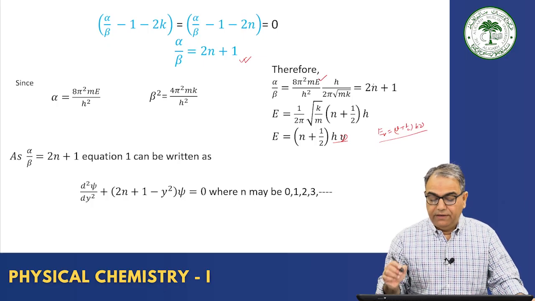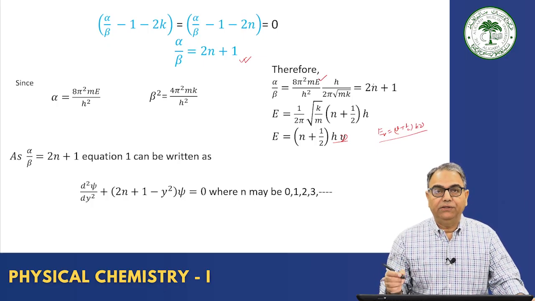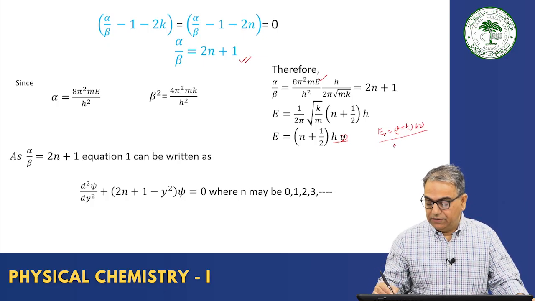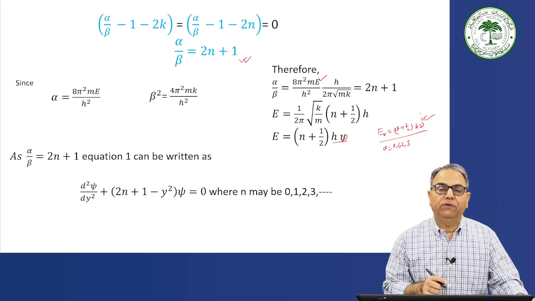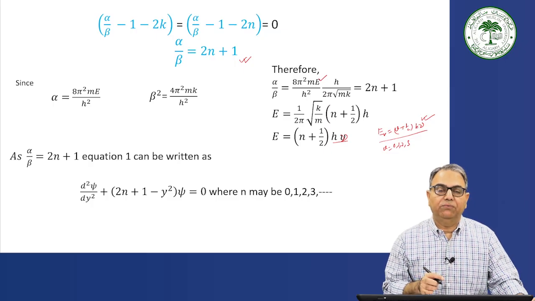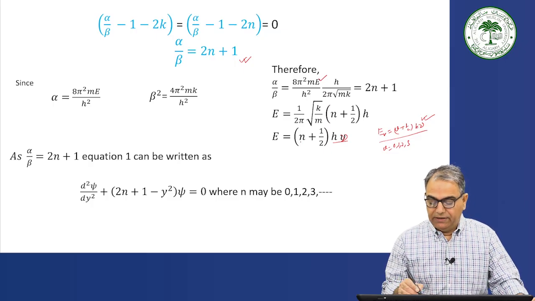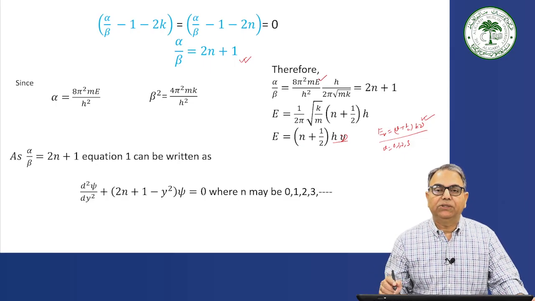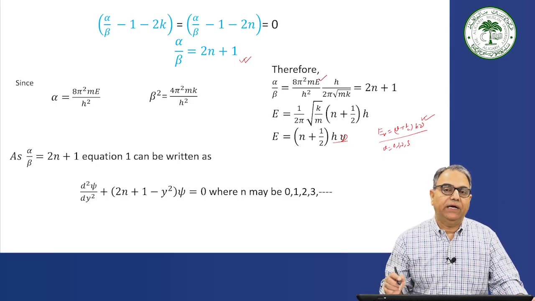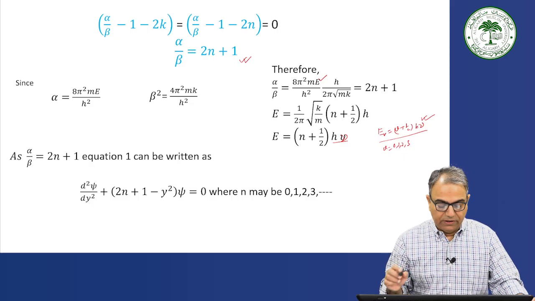Where n could be anything: 0, 1, 2, 3. This equation you are already aware of. So, what we have found as a solution of the Schrodinger eigenvalue of the simple harmonic oscillator is n plus half h nu, or V plus half h nu. It forms the basis of vibrational spectroscopy or IR spectroscopy. Okay. So, this you are already familiar with.